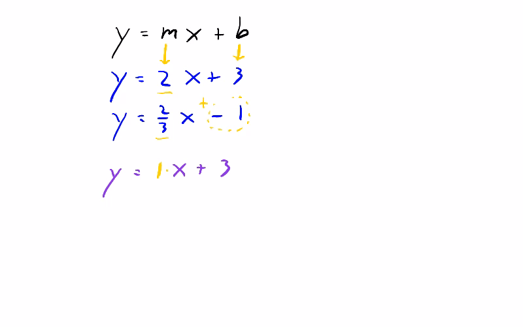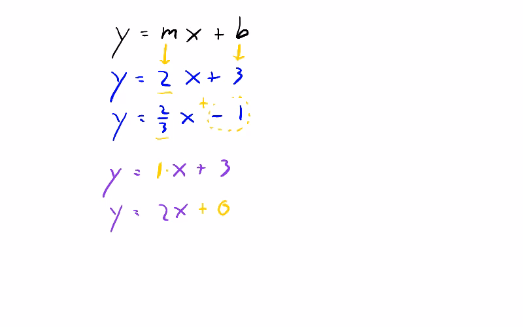If, on the other hand, I wrote something like y equals 2x, it's implied, if we want to use the same form, that we're adding 0. So it's still in the form of y equals mx plus b, but we're not showing a b value being added. What does that mean? Using the additive identity, the b value must be 0.